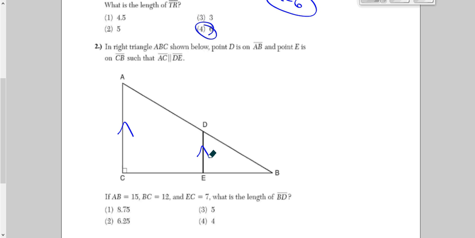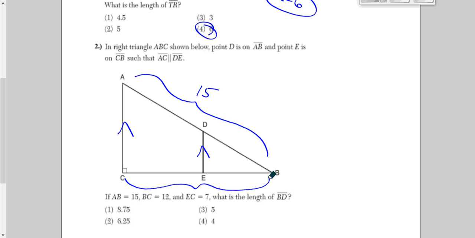AB is 15, and BC is 12, so this whole thing is 12. And EC is 7. We want to find BD. X there for BD.